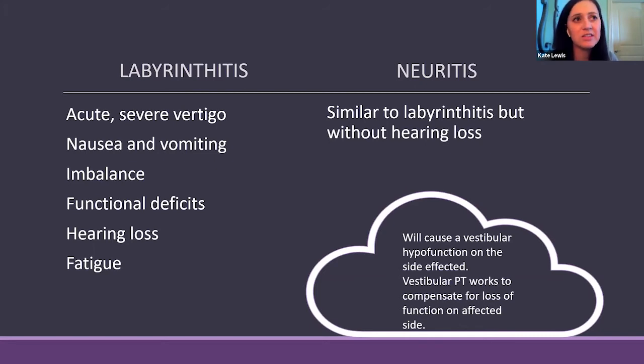If it affected the left inner ear, they now have a left vestibular hypofunction. It would be beneficial to go to vestibular therapy after that acute attack, and we work on improving that, which I'll get to. But if you experience sudden violent vertigo, make sure you rule out a stroke or a TIA, though it could be something like this.